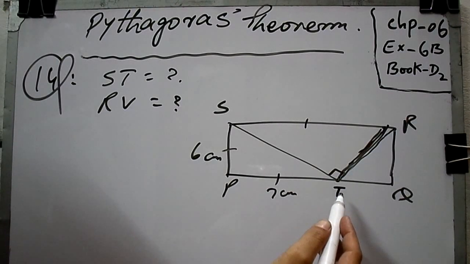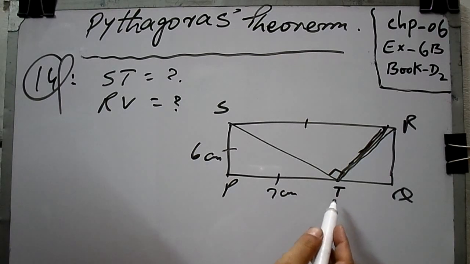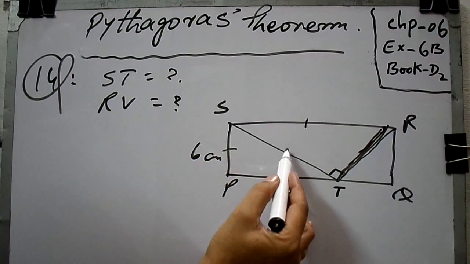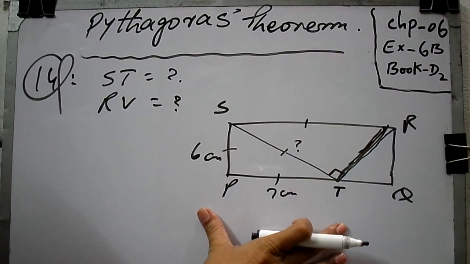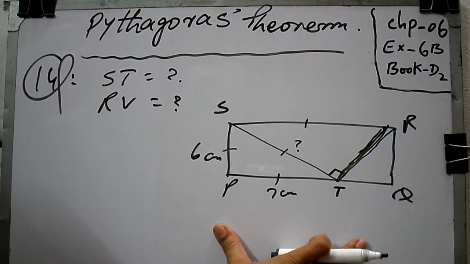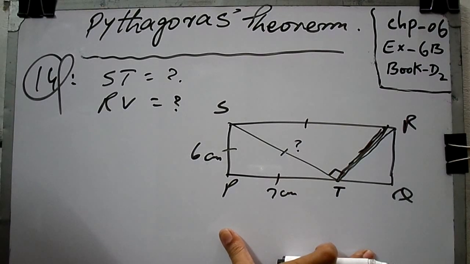We have to find ST. That is, we have to find this portion. So this is your given condition. And what is the value of RV? That is, we have to find the value of RV also.